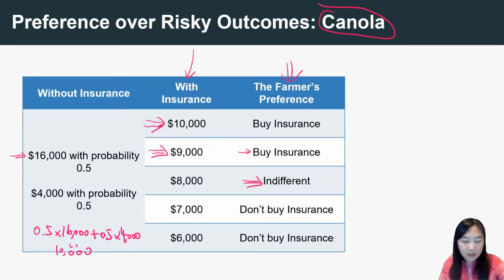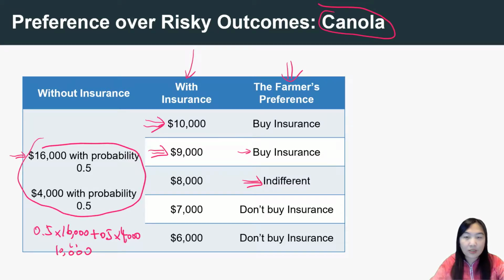So if the farmer is not buying insurance, then here is what's going to happen. However, if the farmer buys insurance, this is what the farmer will get for sure. And if the insurance is offering to pay 7,000 for sure, then this farmer decides, I'm not going to buy the insurance. I prefer to take the risk.